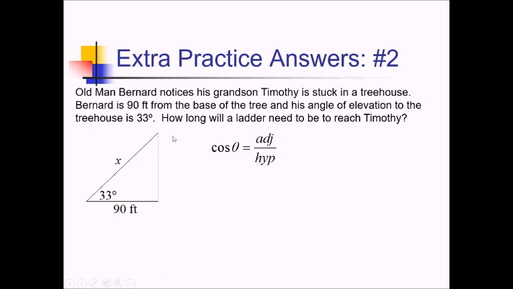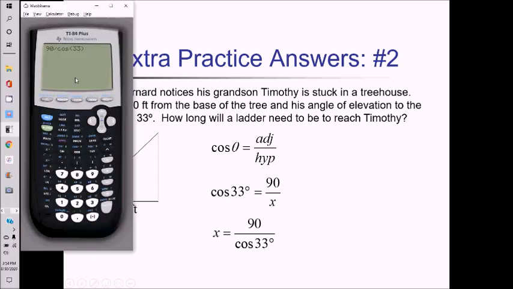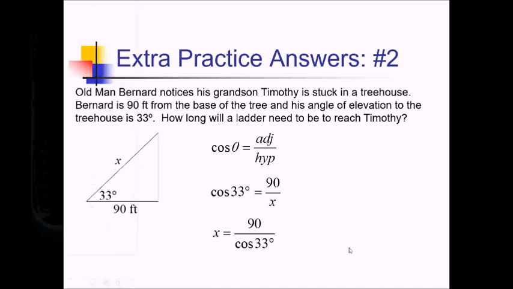So then we can write cosine of 33 degrees equals the adjacent side of 90 over a hypotenuse of x. And then to get x, we multiply by x and divide by cosine of 33. So we have 90 over cos of 33. And let's put that in the calculator. So plugging that in and pressing enter, we end up with 107.3, and that's going to be in feet. So that is a very long ladder.